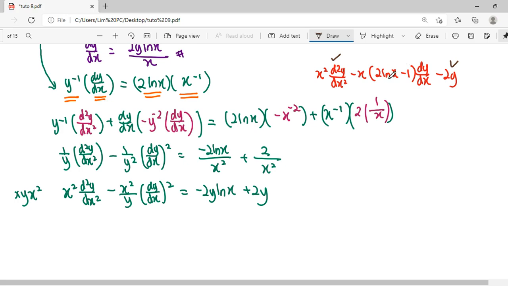minus 1 in the bracket. So our next step here, we're going to move this to the left hand side so that it equals 0.